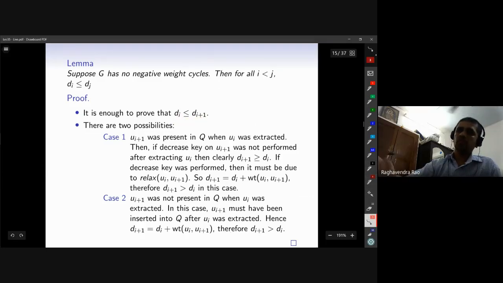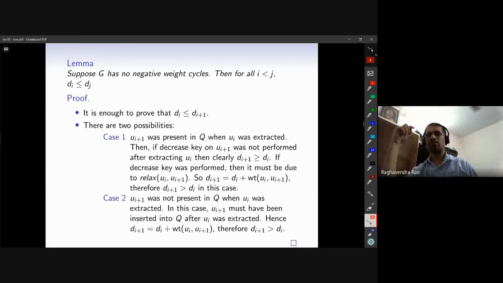All I wanted was, for all i less than j, di is less than or equal to dj. That is, distances never decrease. When I say distance, I'm looking at the distance value of the vertex when it is removed from the queue. If you consider vertices in this order, it's never going to increase. That's all we want to argue.